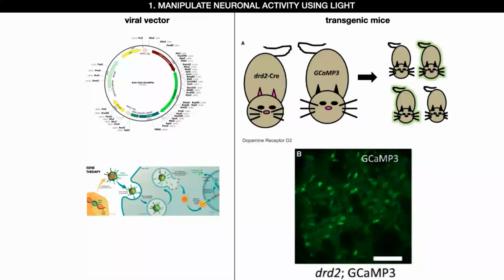Well, in general, we can use different techniques, but the main two techniques that are used are the expression of viruses within targeted cells, or the use of transgenic mice. The expression of viruses is very convenient because it allows us to use normal animals and then inject viruses within the area of interest.